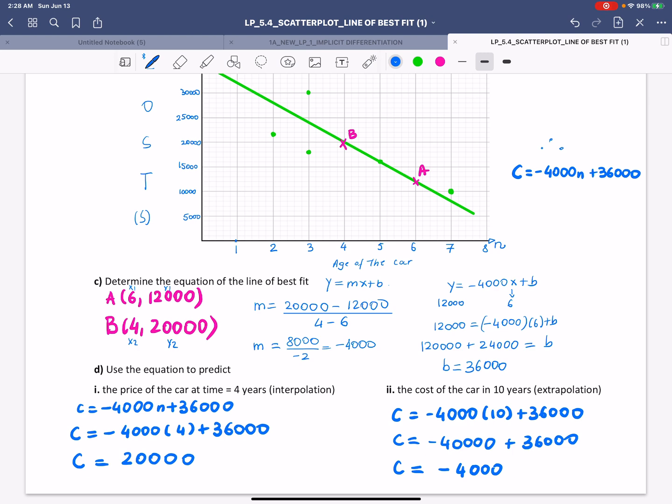So it seems that this car has devalued very early, before the 10-year mark came. And that's why the equation will give you a negative number, because the graph will have to go below the horizontal axis.